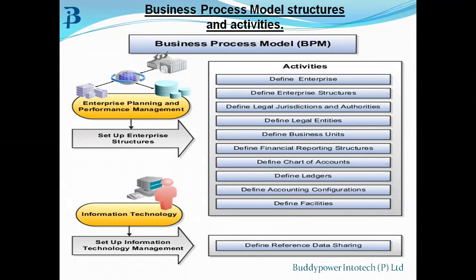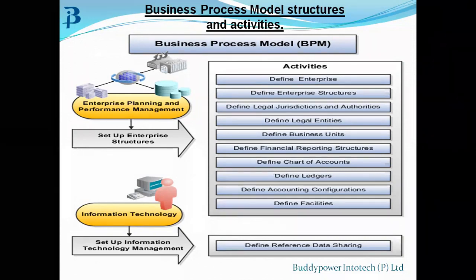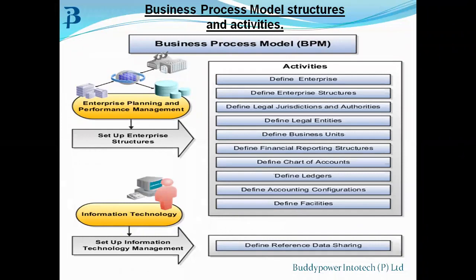Legal entities have rights and responsibilities to own property, trade, repay debt, and other compliance rules. We have to define a legal entity for each registered company for which you want to record assets, liabilities, expenses, and income, pay transaction taxes, or perform intercompany trading.